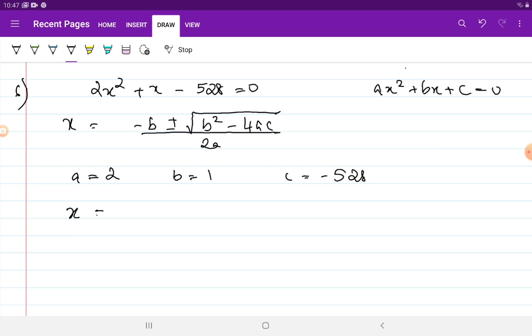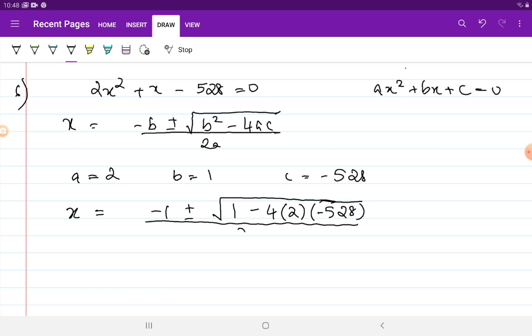So the x values will be minus 1 plus or minus root under 1 minus 4 into 2 into minus 528. Remember, the signs are important. Whole divided by 2a, which is like this.